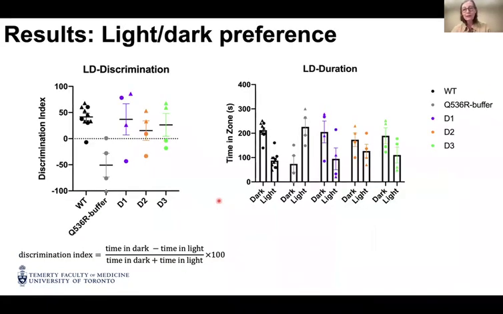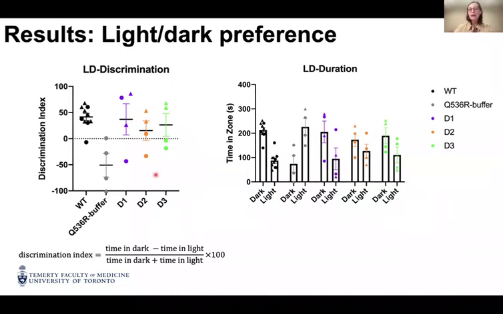We've also done some really simple behavioral tests. The main goal, again, was just to look at expression. These are really low numbers of animals, and I don't want you to take too much away from this, other than just to say we're doing this. One of the things we look at is where the animal prefers to be when you give them a choice between light and dark.